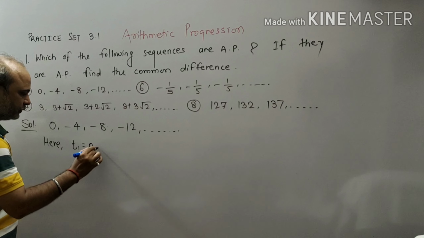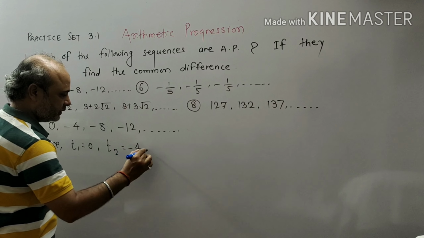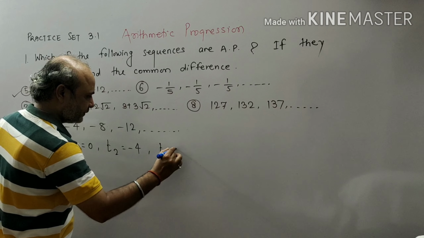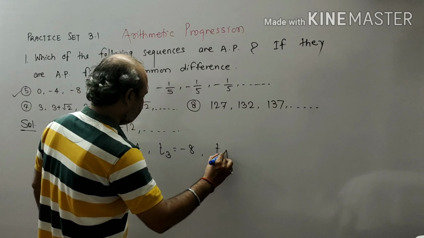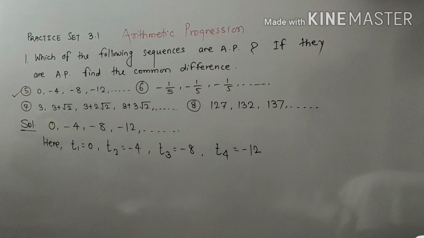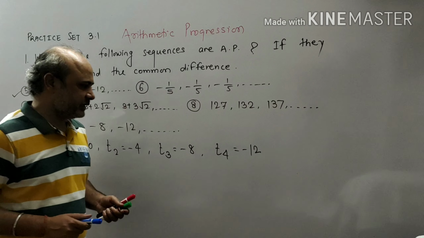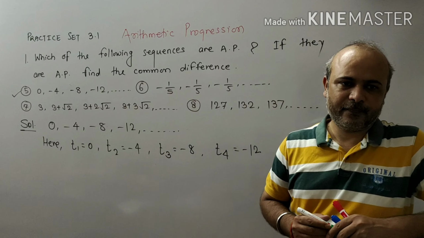T1 is 0, T2 is minus 4, T3 is minus 8 and T4 is minus 12.